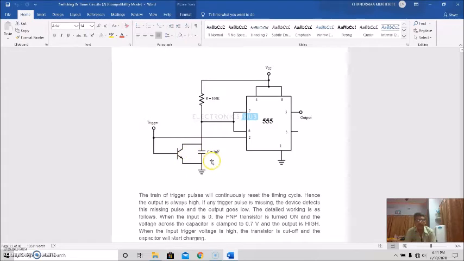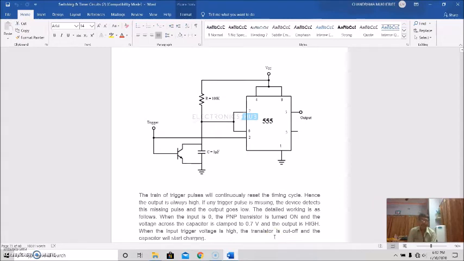So this is connected across this capacitor, and the trigger pulse train is given to the base of this transistor, and it is simultaneously given to the trigger input of the timer at pin 2. The train of trigger pulses will continuously reset this timing cycle, and hence the output is always high. And if any trigger pulse is missing, the device detects the missing pulse, and the output goes low.